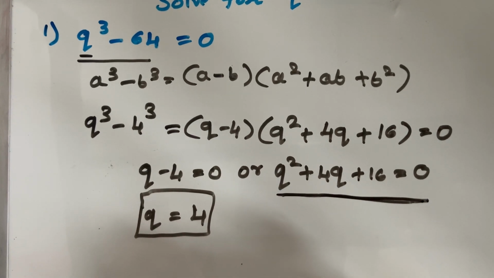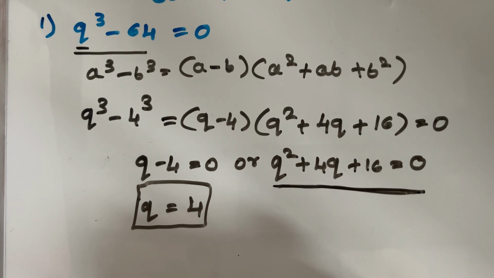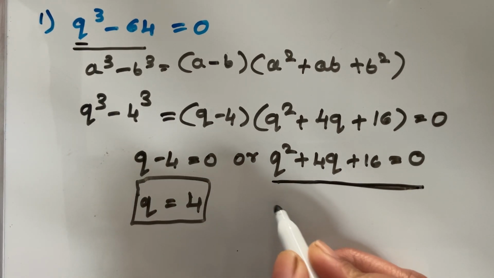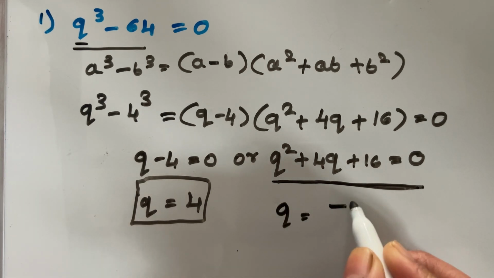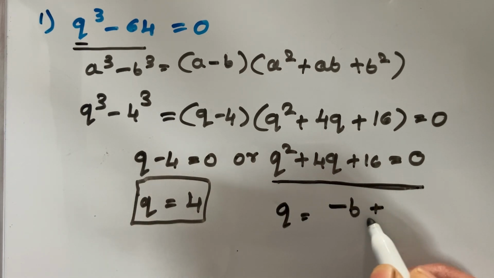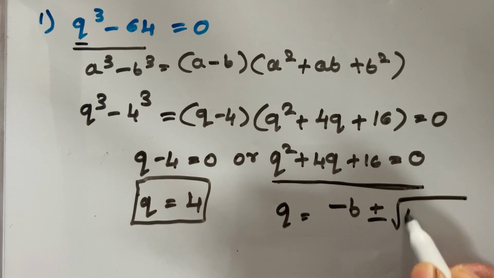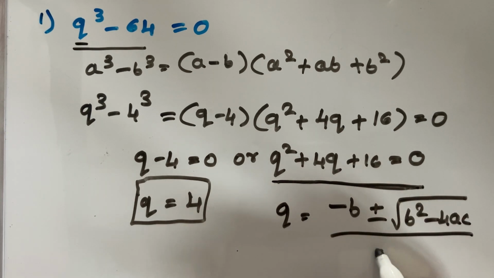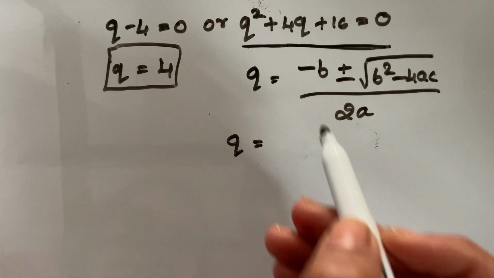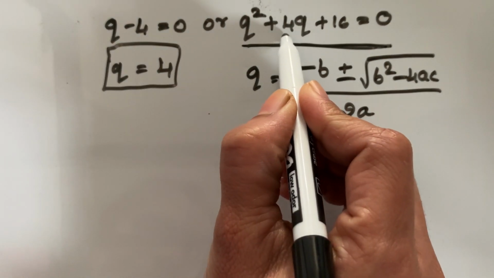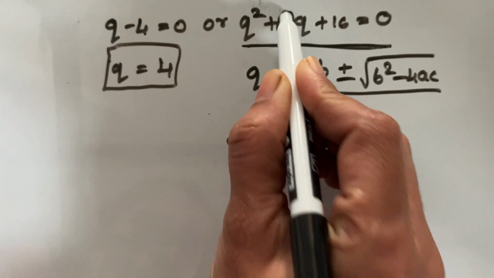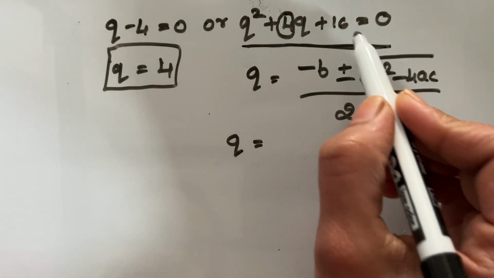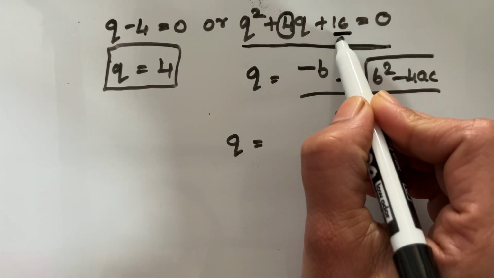To solve this equation, I am going to use the quadratic formula, which is q is equal to minus b plus or minus square root of b square minus 4ac divided by 2a. Here in this quadratic equation, this is our b, a is 1, and this is our c.